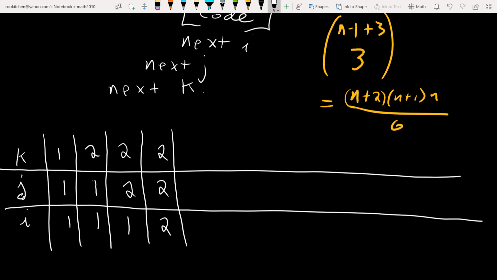So next I, there is no next I, so you go next J, there is no next J, so you must go to your next K, so that would be 3. And then J is going from 1 to 3, it's starting at 1, so when it's at 1, I is going from 1 to 1, so it just goes 1. There is no next I, so you have to increment to the next J, which is 2, and that will reset the innermost loop to go from 1 to 2.